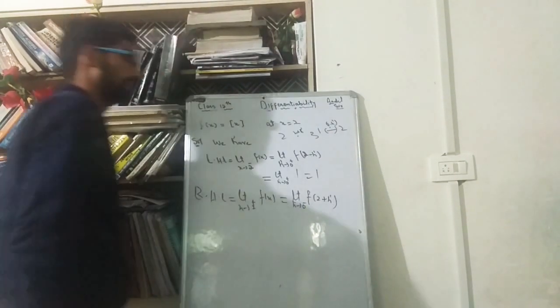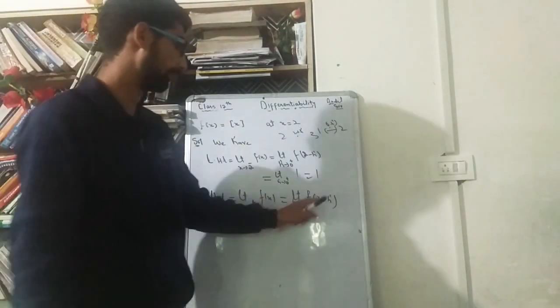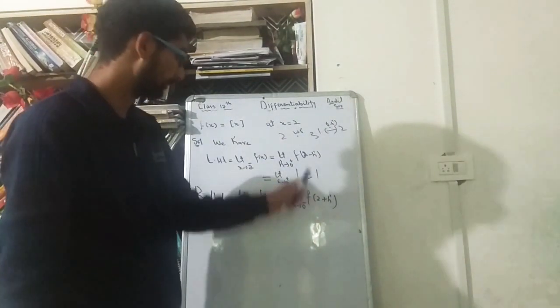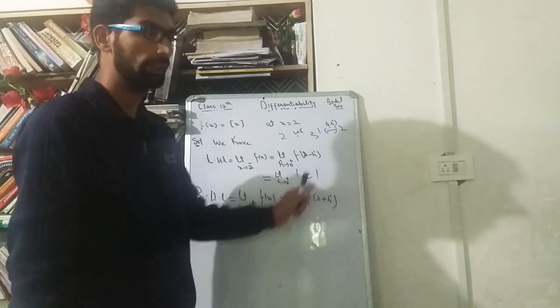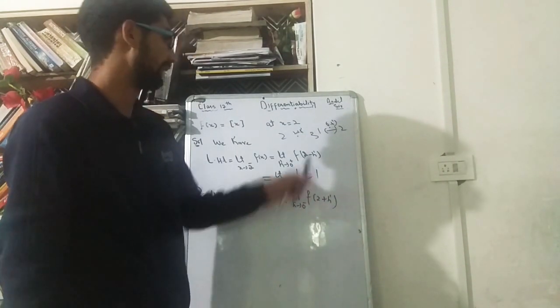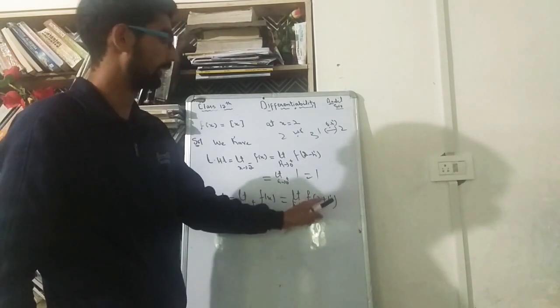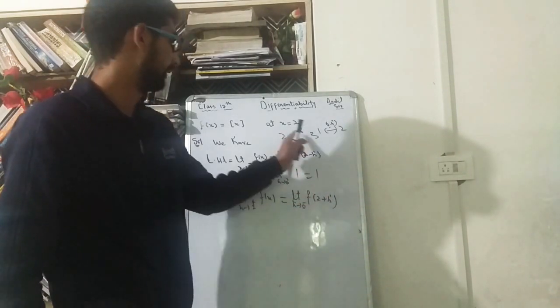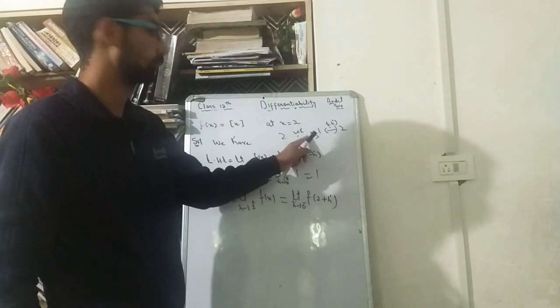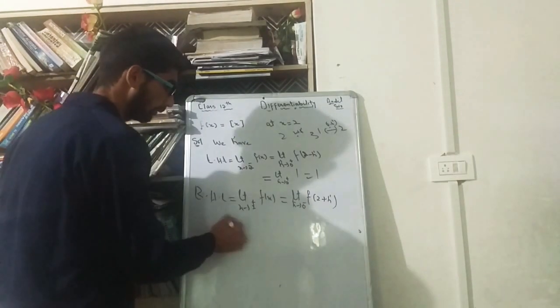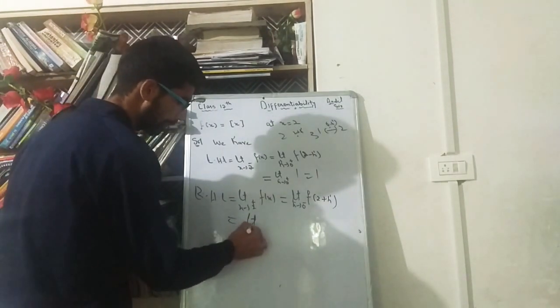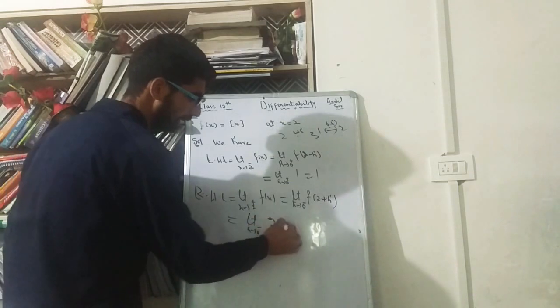We know the value of the function at x is the greatest integer less than x. What is the greatest integer that is less than 2 plus h? That is 2. So the limit comes out as 2.